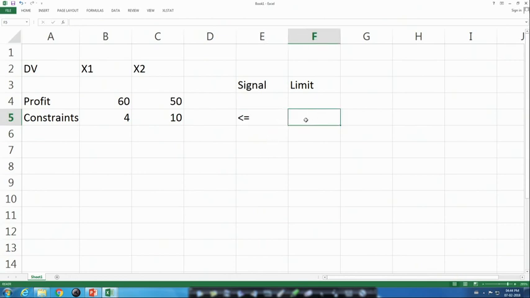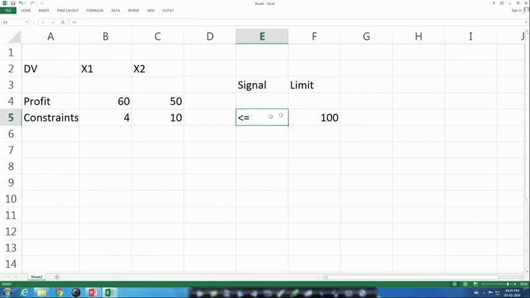So, this will give you the signal, and the limit here is actually 100. That is the availability, the minimum availability or the maximum availability, depending upon the signal structure. If it is less than type, then this limit gives the maximum limit through which you can reallocate the resources or allocate the resources to get the optimum solution.